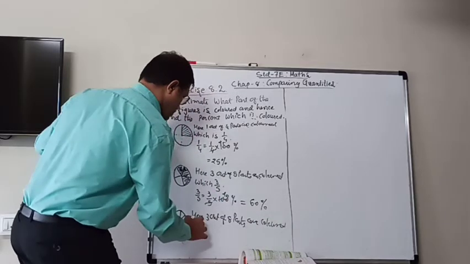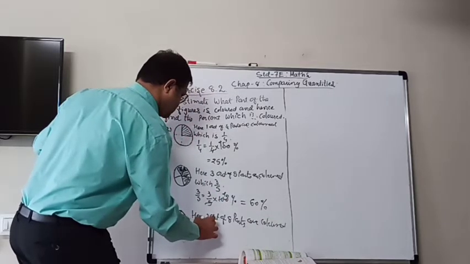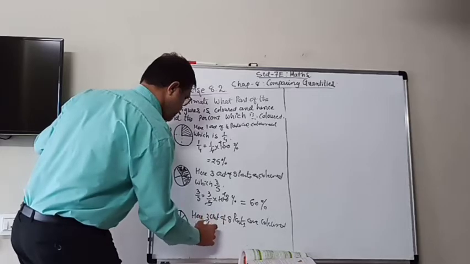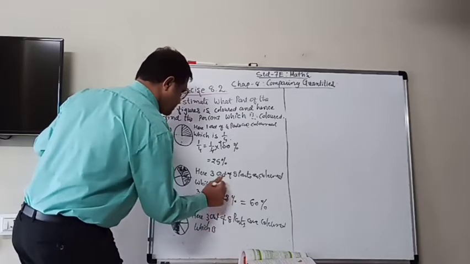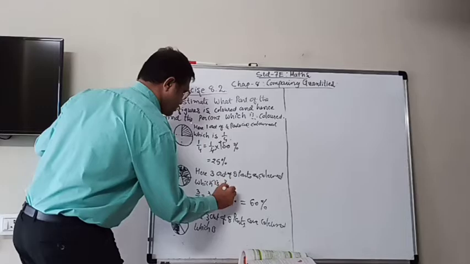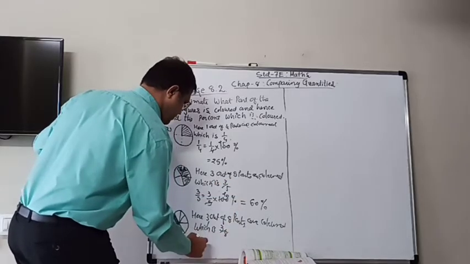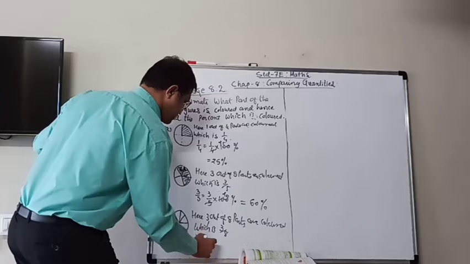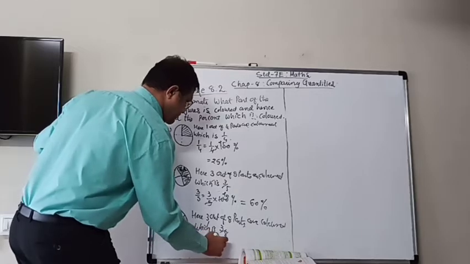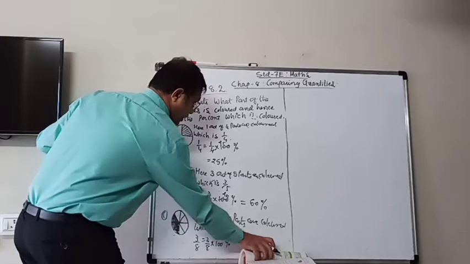Therefore, you can say that it is 3 upon 8. So 3 upon 8 multiplied by 100%.